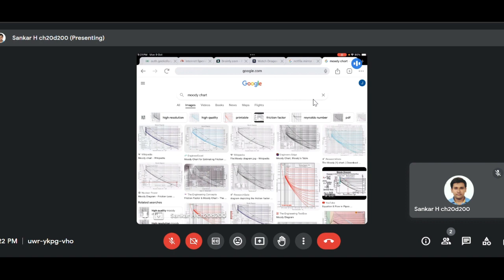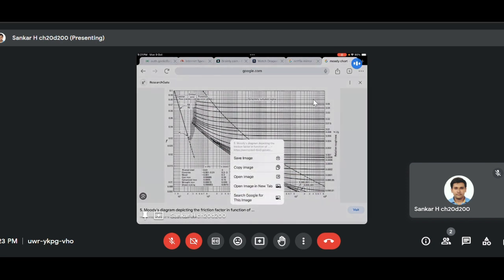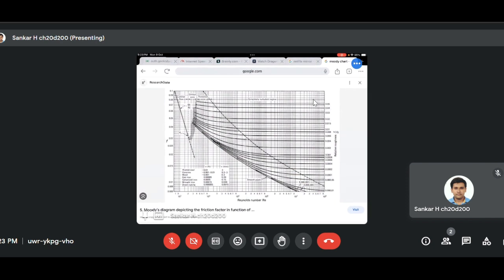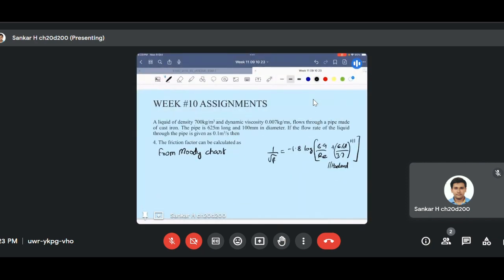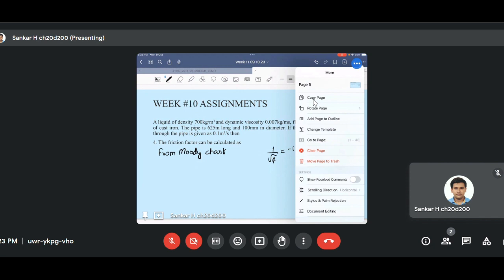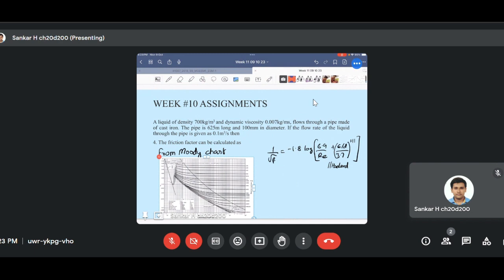Yeah, so there we have it. Let me see if I can copy this image, because we'll be using it multiple times. Yeah, there we go.